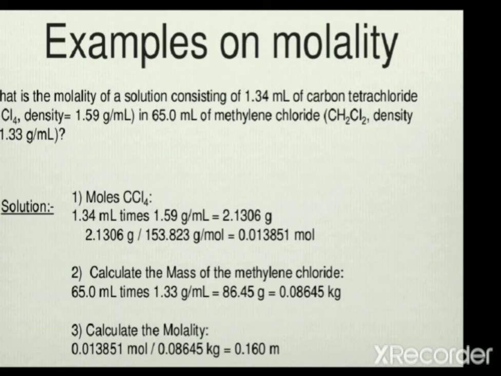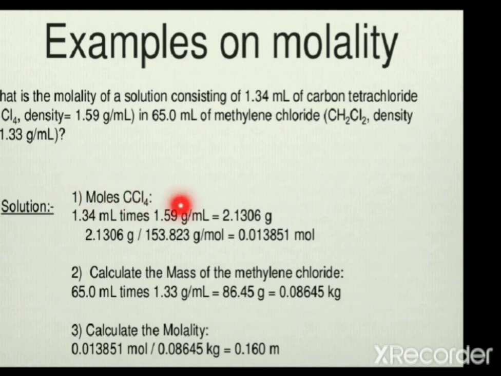Examples on molality. What is the molality of a solution consisting of 1.34 milliliters of carbon tetrachloride, CCl4, whose density is about 1.59 gram per milliliter, in 65 ml of methylene chloride, CH2Cl2, whose density is 1.33 gram per milliliter?